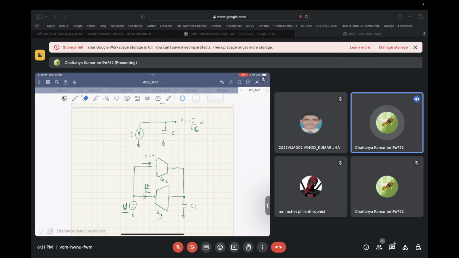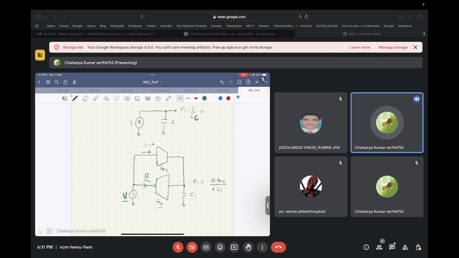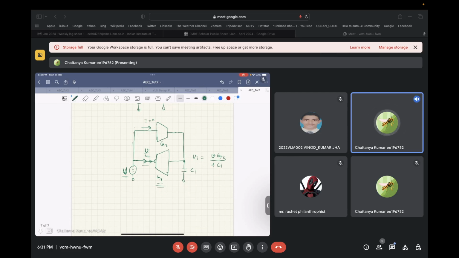Now let's try to calculate the voltage at this node. Vi is equal to I, the current, divided by S times the capacitance. So the current is V times G2, divided by SCi. And then the current that is synced by this particular transconductance will be this times G1.